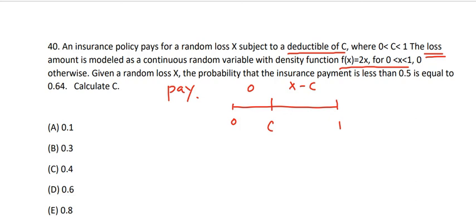The question is, we want to set this deductible such that the probability that the insurance payment is less than 0.5 equals this value.